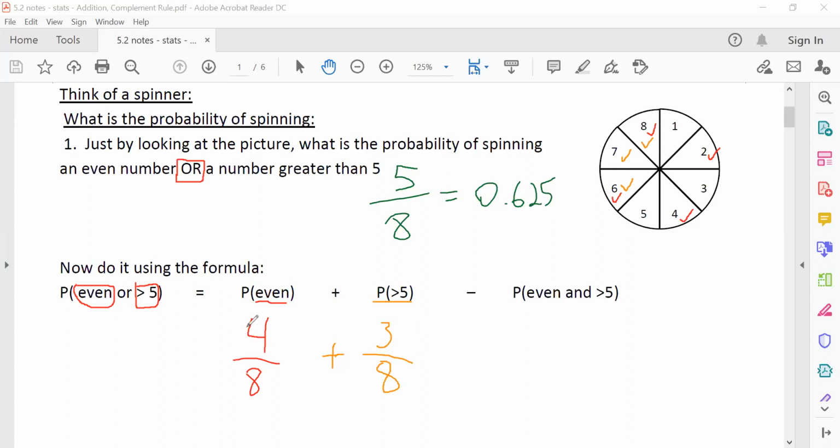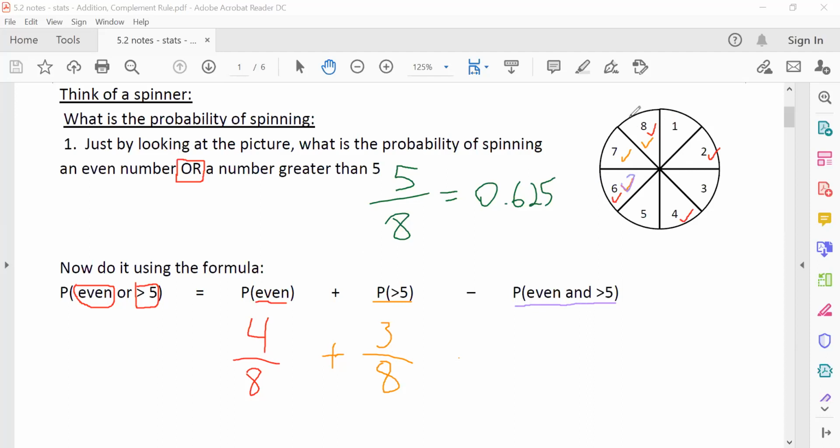But if I just add these two values together raw, look, I've double counted the 6 and I've double counted the 8. That's not going to fly. So now I'm going to put a purple check mark next to all the values that are both even and greater than 5, which is 6 and 8.